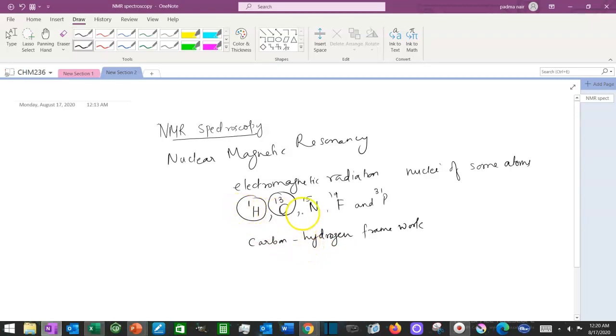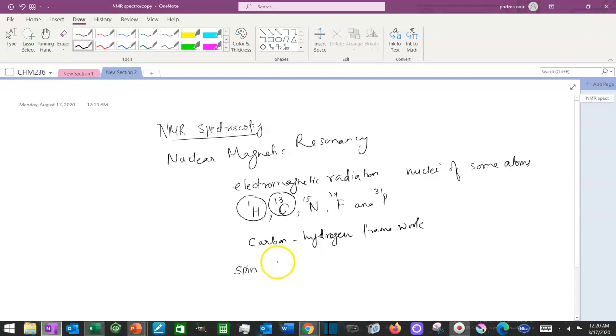If you have observed what I wrote over here, you can see that the nuclei with odd mass numbers were the ones which are NMR active. For a nucleus to be NMR active, it needs to have a property called spin, which we call nuclear spin.